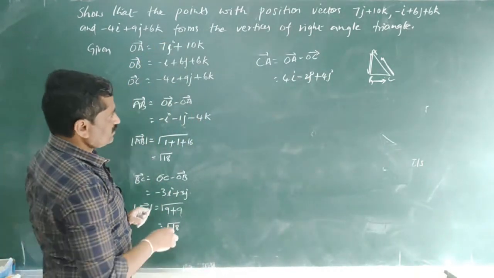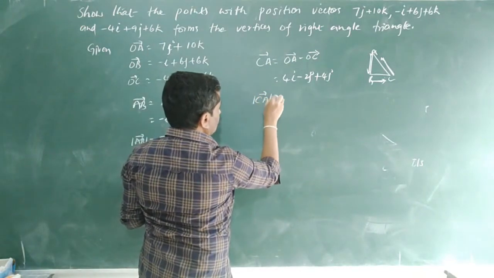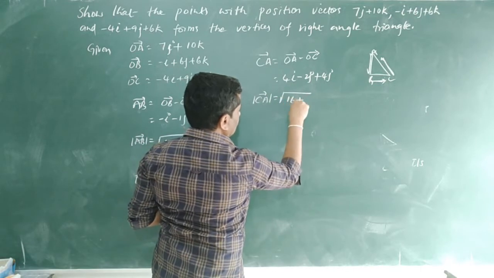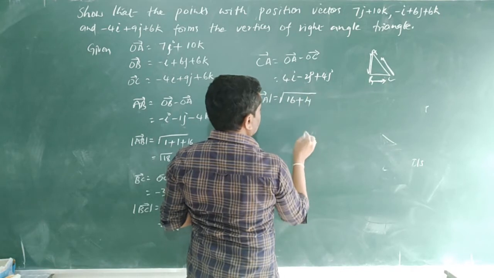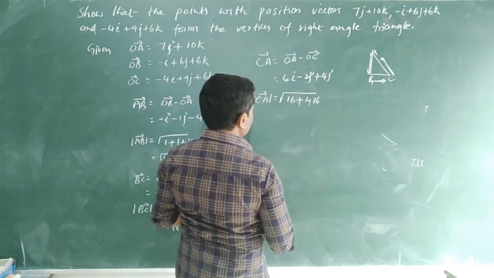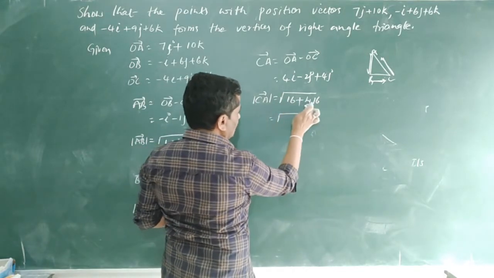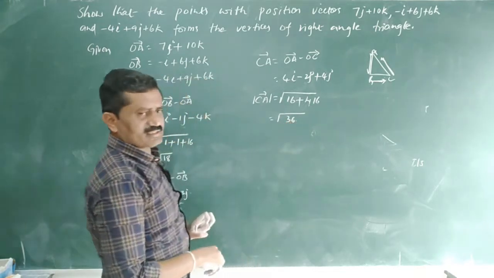Again, find the magnitude of CA bar. The magnitude of CA bar is equal to the square root of 4 squared, 16, plus minus 2 squared, which is 4, plus 4 squared, which is 16. That is equal to the square root of 36.